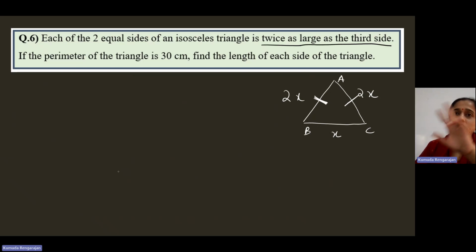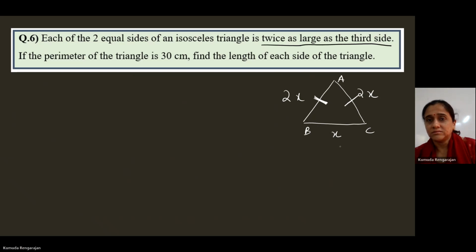Isosceles triangle, 2 sides are equal. The other side is called the third side. Each of the equal sides is 2 times the third side. So if you call the third side x, then the equal sides will be twice this one, 2 into x, 2x.